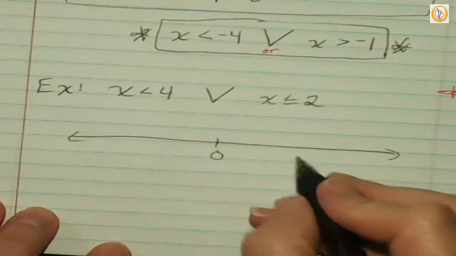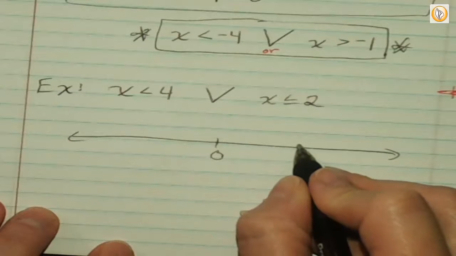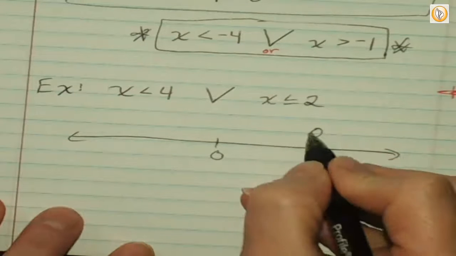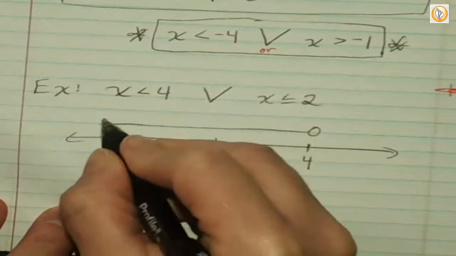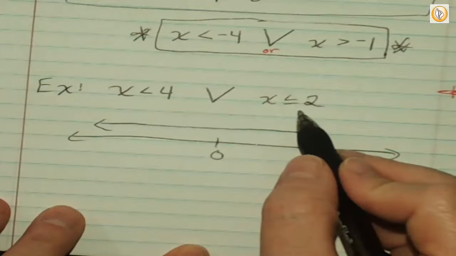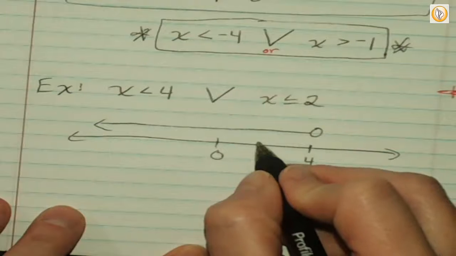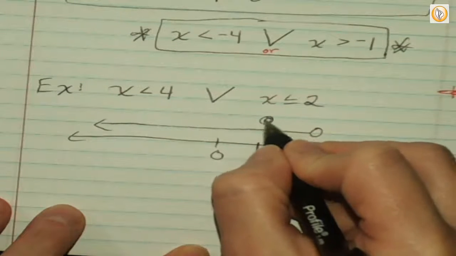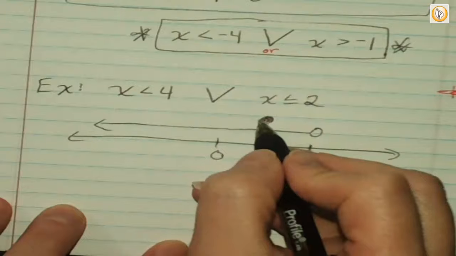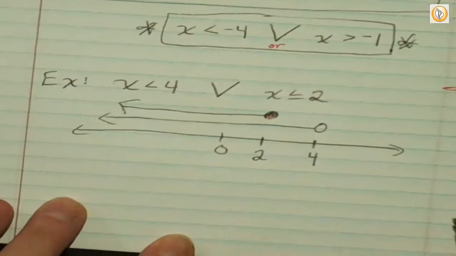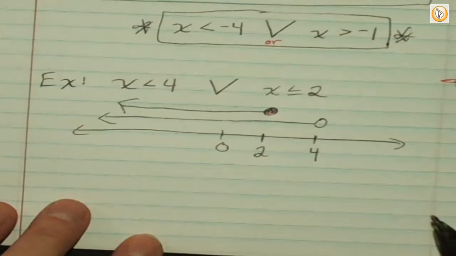So x is less than 4, and x is less than or equal to 2. So it would be an empty set if they have something in common. Not necessarily.